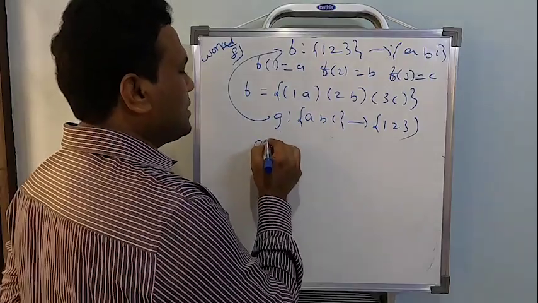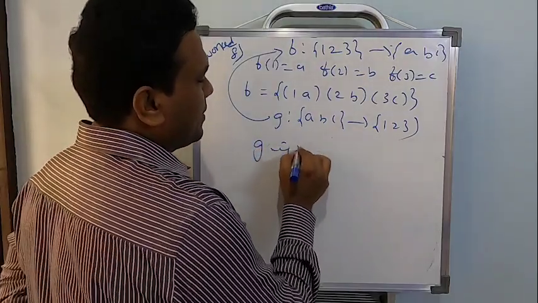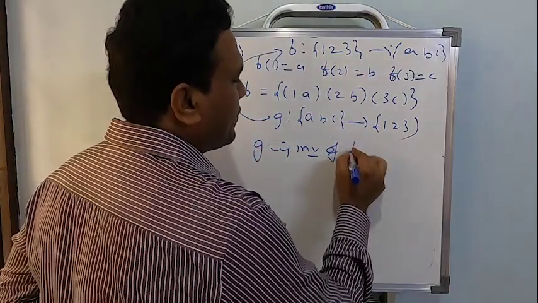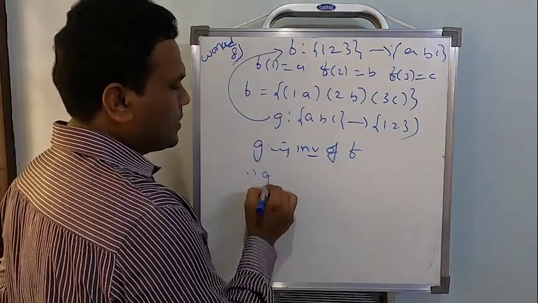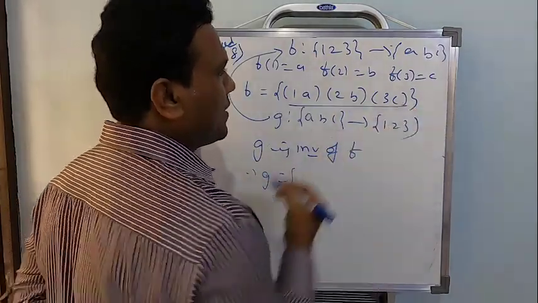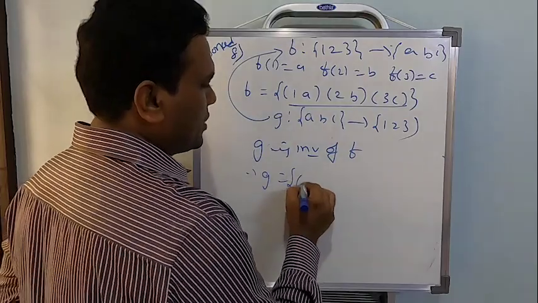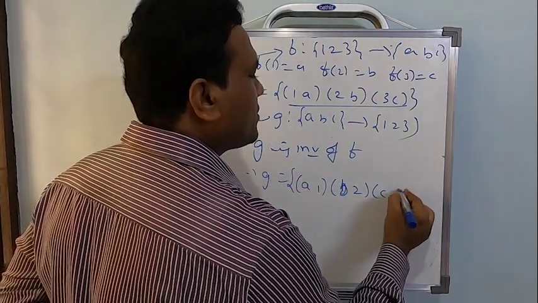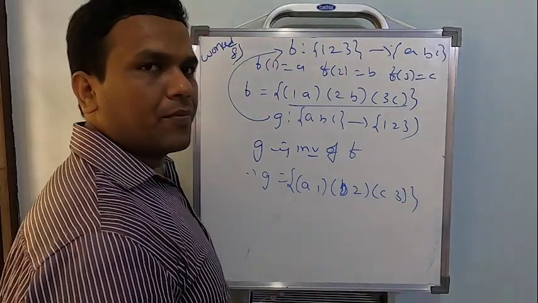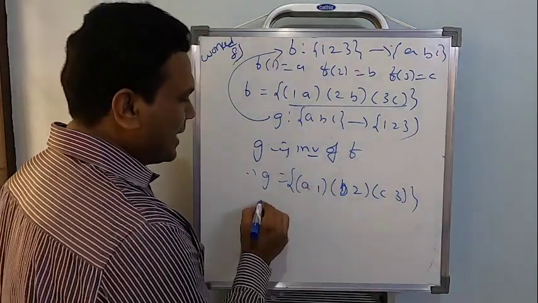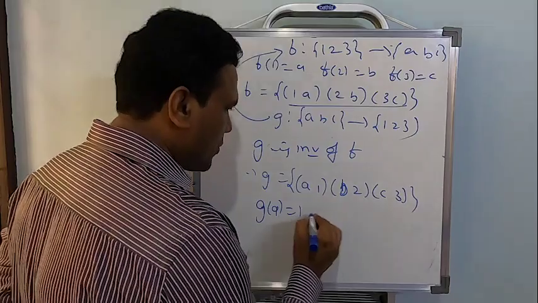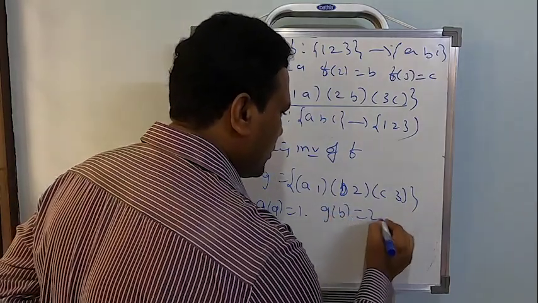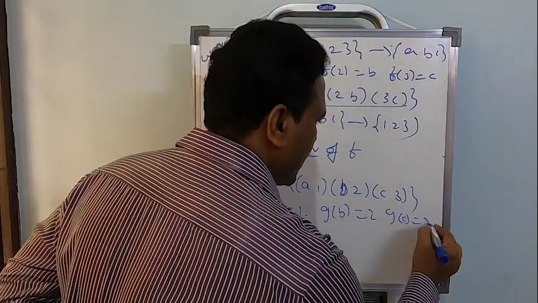So I should just reverse this. So this should be {(a, 1), (b, 2), (c, 3)}. It's simple. If you want to write it, g of a equal to 1, g of b equal to 2, and g of c equal to 3.